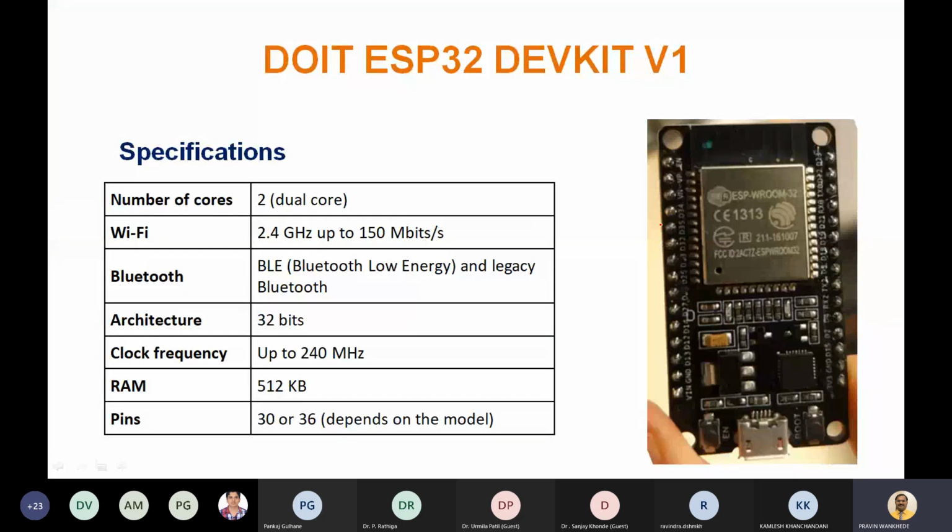So what is there in this board or in this IC? We have a dual core Xtensa processor, and we have 2.4 gigahertz Wi-Fi, which can run up to 150 Mbps. We have Bluetooth, both BLE as well as serial Bluetooth. The architecture is 32-bit, which is also advantageous.